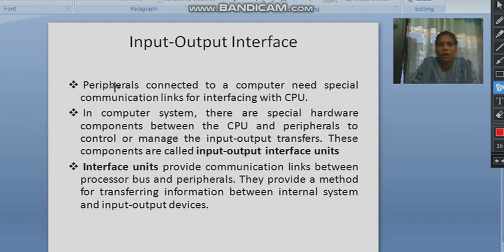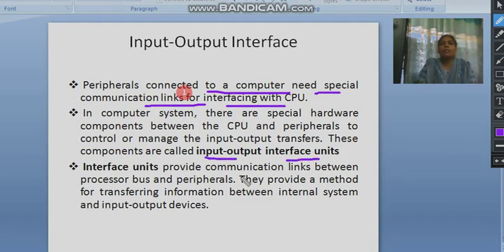Now the next thing is the input output interface. In this video lecture, we are basically interested in the input output interface. Peripherals connected to a computer need a special communication link for interfacing with the CPU. In a computer system, there are special hardware components between the CPU and peripherals to control or manage the input-output transfer. These components are called input-output interface units.